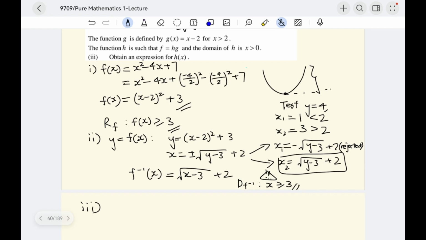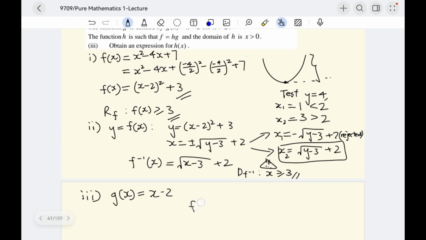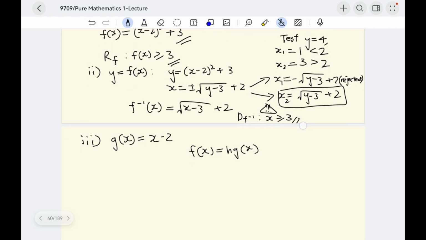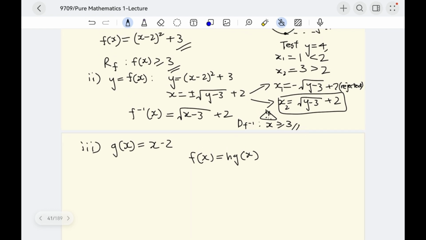According to the question, you will obtain g(x) equals x minus 2, and f(x) equals h(g(x)). So how to get h(x)? You must substitute x as g inverse x in order to get back h(x). So, yeah, it makes sense.